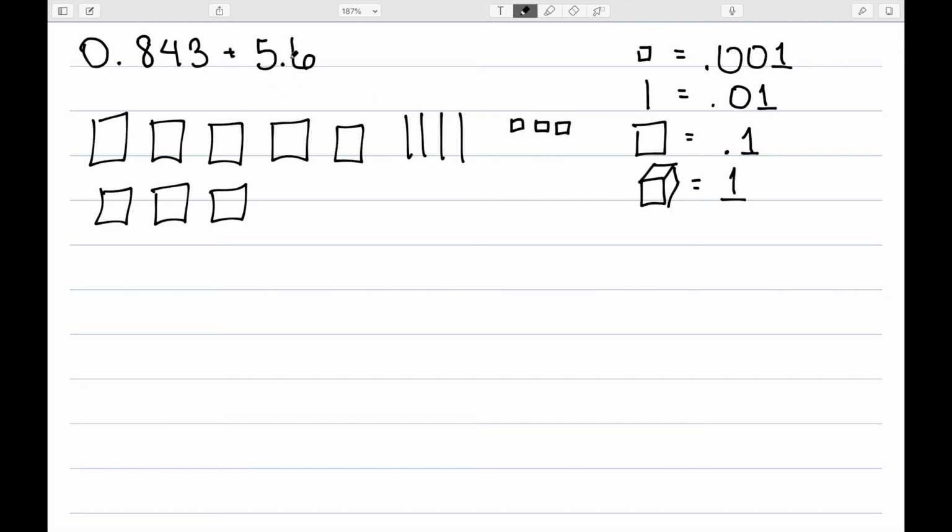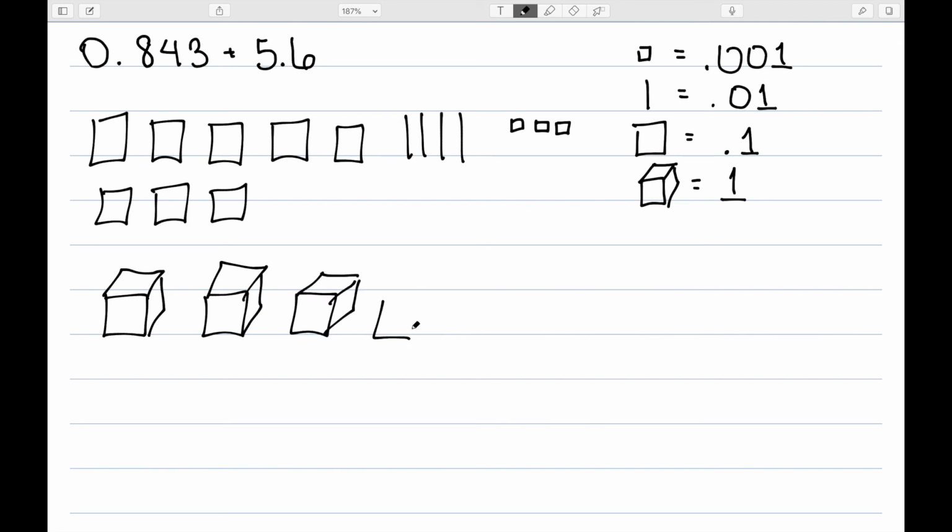With the 5.6, the only thing is we need our scale to be the same since we're in the same addition problem. So we have 5 cubes, and then 6 of the squares.